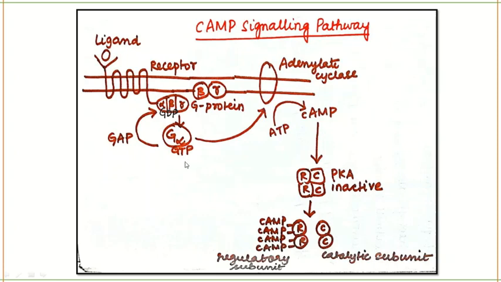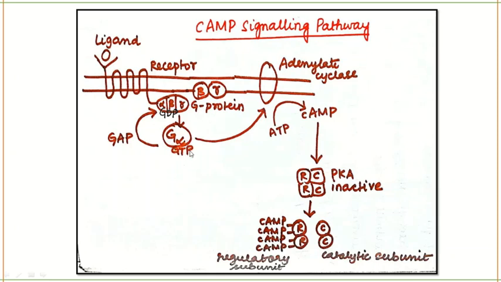You can see the activated G alpha will be bound to GTP, and it will dissociate away from the beta and gamma subunits. The beta and gamma subunits will remain in the membrane region only; only G alpha will go away.